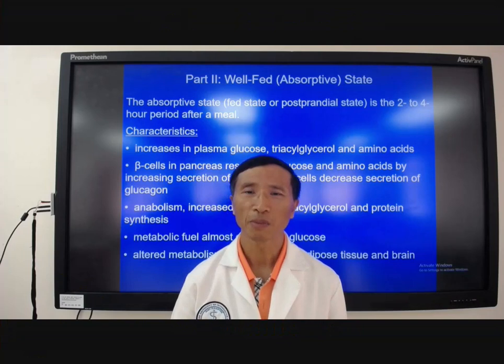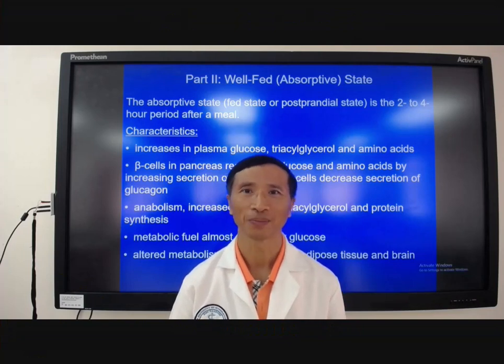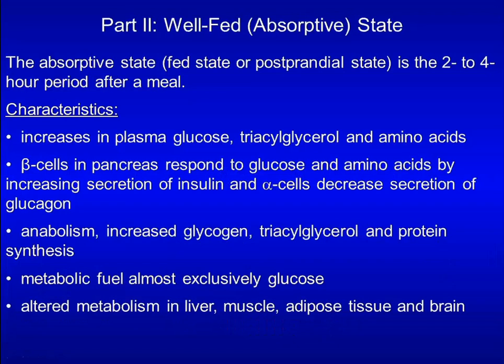Now, let's move to part 2. We will look at the well-fed state. The well-fed state is the 2 to 4 hour period after a meal. Main characteristics include increases in plasma glucose, triacylglycerol, and amino acid levels.